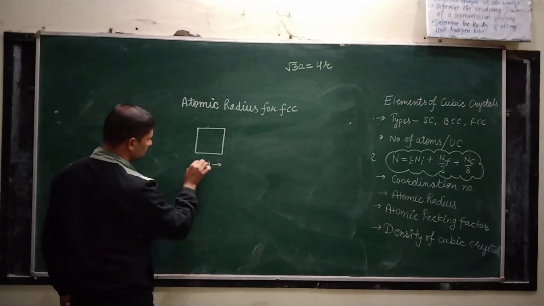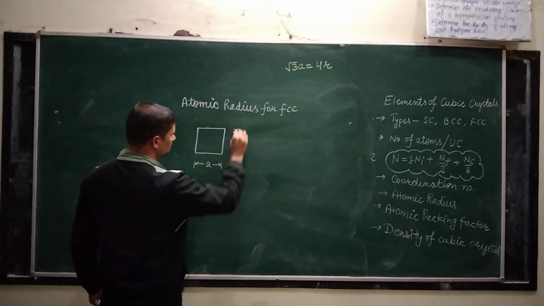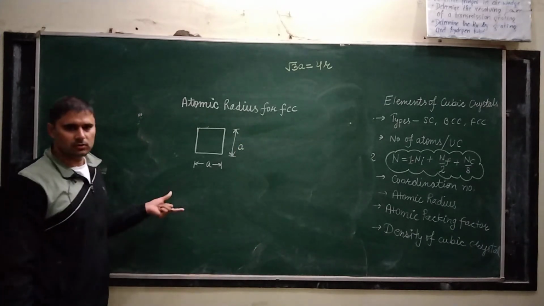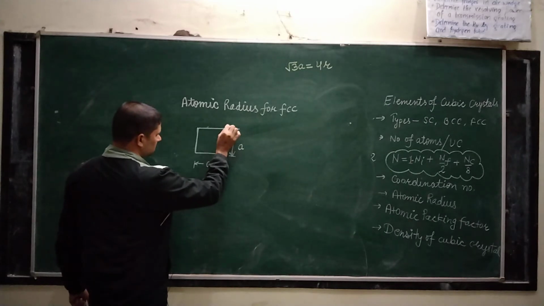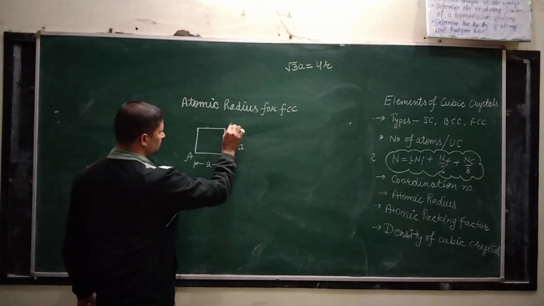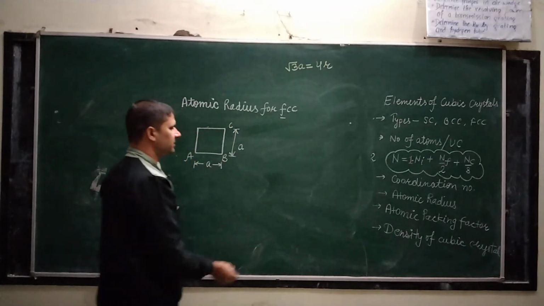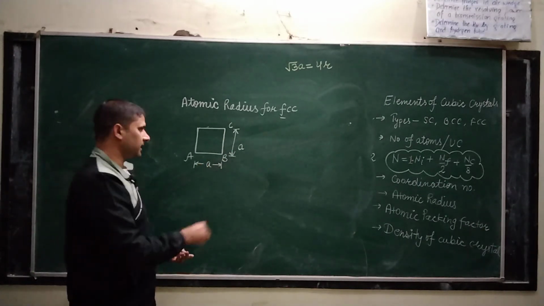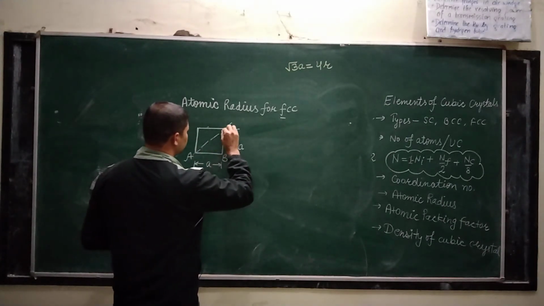This side is A, this side is also A. You are dealing with the cube where all sides are equal to A. Let this point be A, this is B, this is C, and this is the face center. One particle is present at the center of the face diagonal. Let me draw the face diagonal.